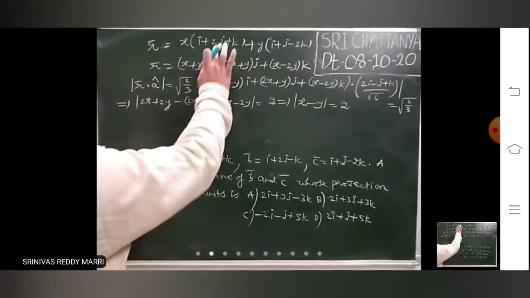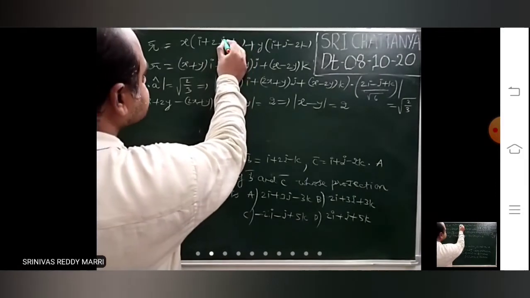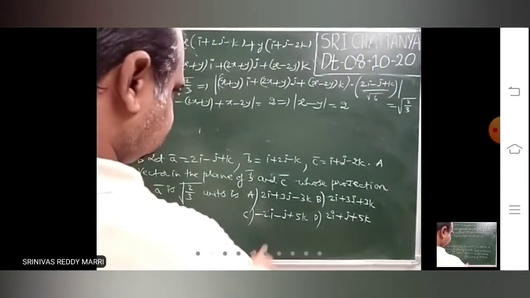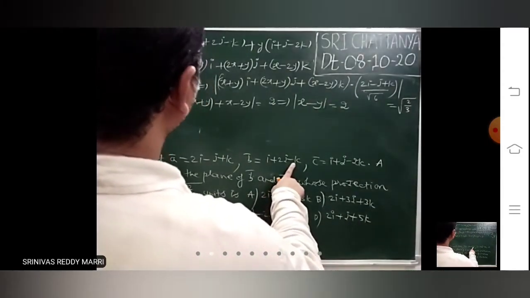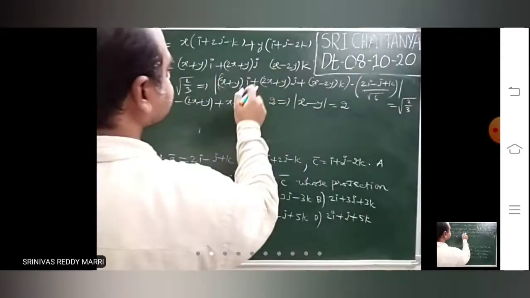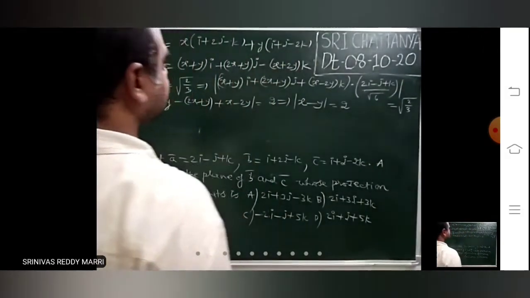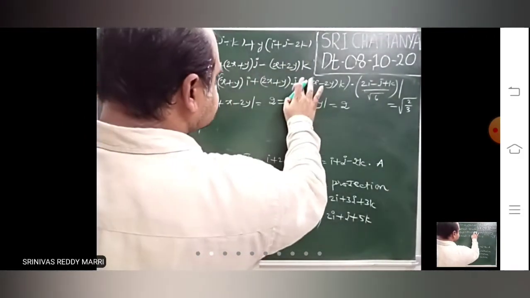We will take x into, this is minus k, minus x plus 2y minus of x plus 2y.